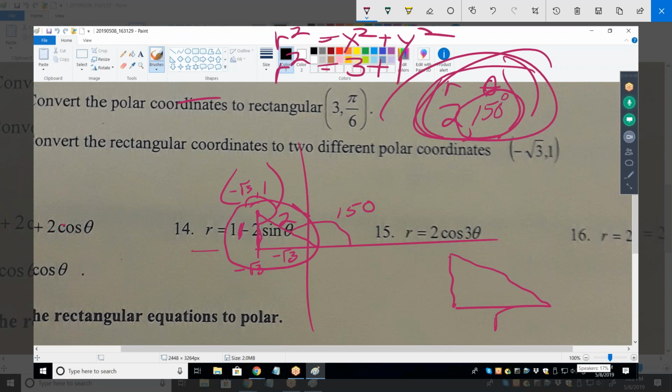We've got this is root 3. This is 1. The hypotenuse should be 2 if we use just the Pythagorean theorem. Yeah. And it is. In other words, the polar coordinates 2, 150 degrees put you on exactly the same point as the rectangular coordinates do. And that's important to understand, that they're the same. They can be overlaid on one another. The rectangular and the polar coordinates can be plotted on the same graph, and they should each result in the same point.